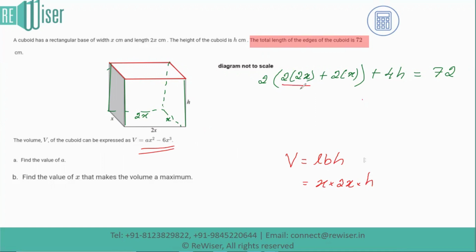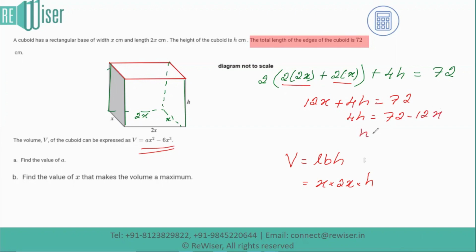When you simplify this, 4x plus 2x is 6x, and 6x times 2 would be 12x, plus 4h equals 72. From here, making h the subject, 4h equals 72 minus 12x.